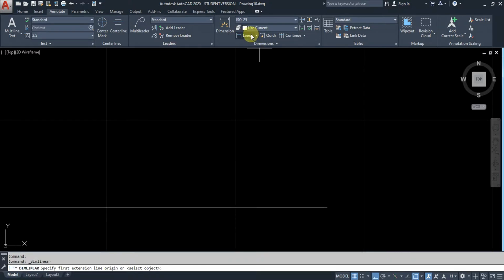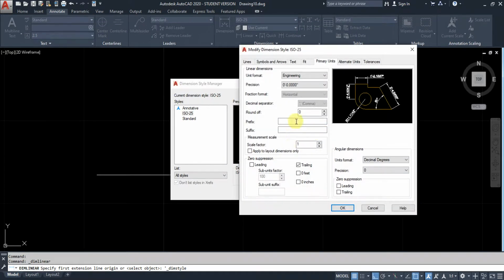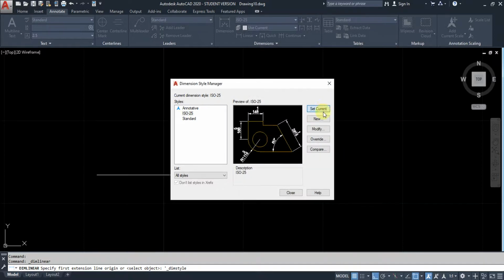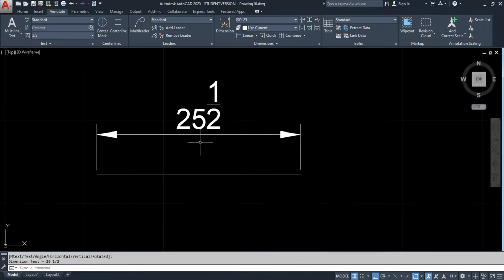So I can get the unit as it is. Then 1 by 2. So 25 mm 0.5 is the real value, or we can say 25 by 1 by 2 fractional unit also. So it's based on mm only.